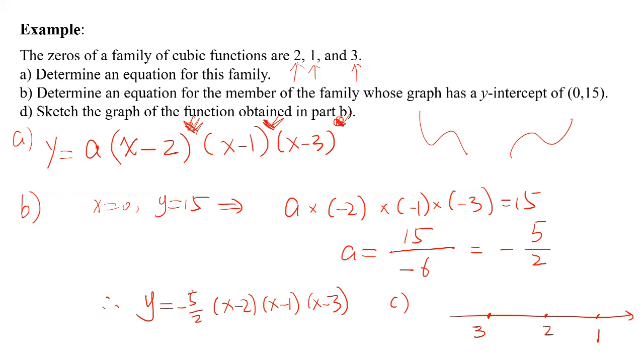And then the leading coefficient is negative, so the function must have a pattern like this. So it extends here. And note that all of the zeros have an order of 1, so the function changes sign at each of the zeros. So basically the function has a pattern like this.